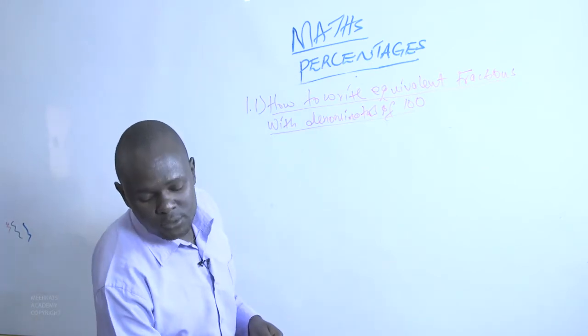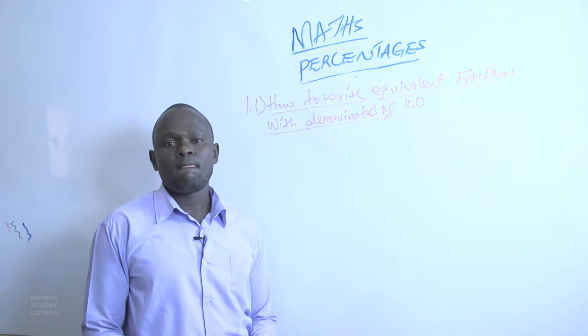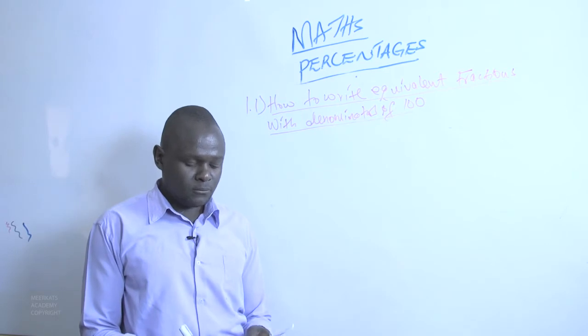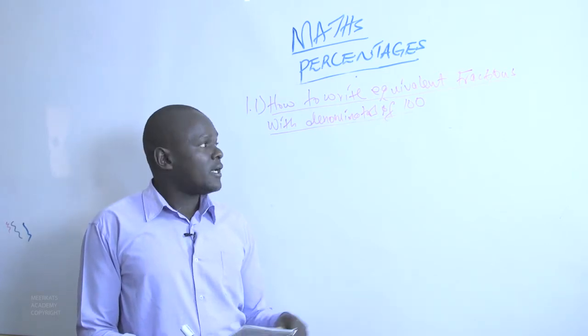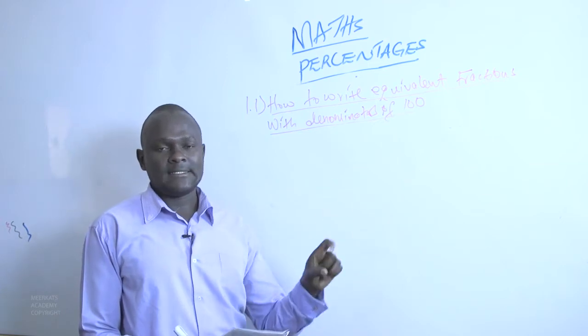When I'm talking about the denominator, this is basically the lower part of a fraction, the lower part of a fraction that we must ensure it is 100.